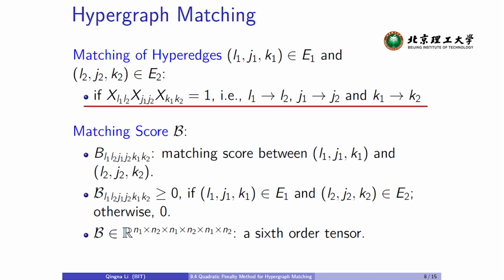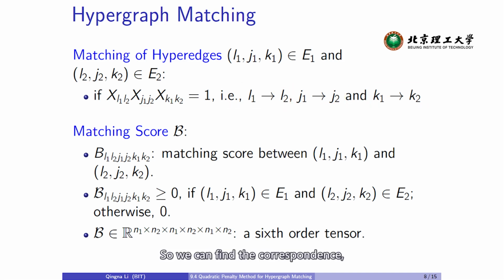In this sense, we can see that L1 is matched to L2, K1 is matched to K2, and J1 is matched to J2. Okay, so we can find the correspondence. Otherwise, they are not matched.